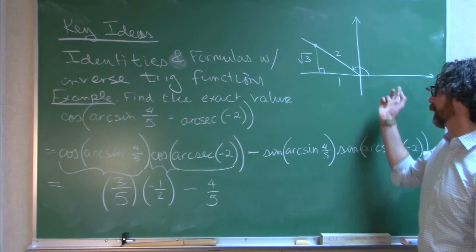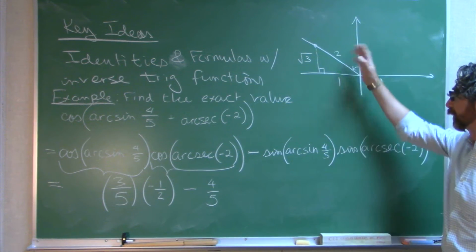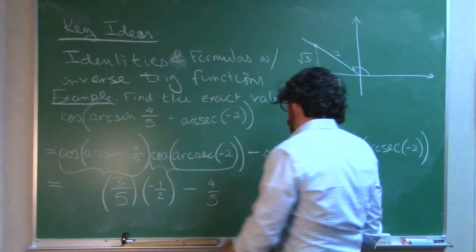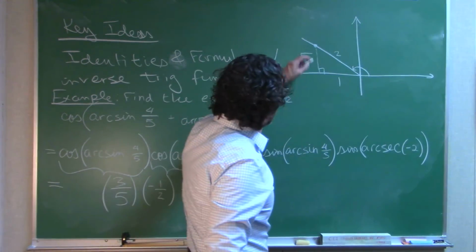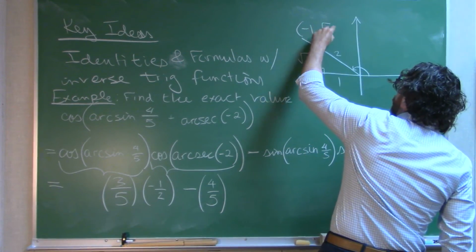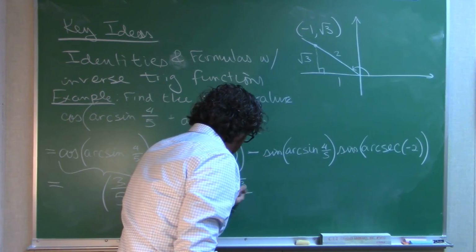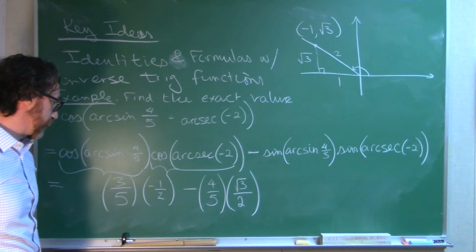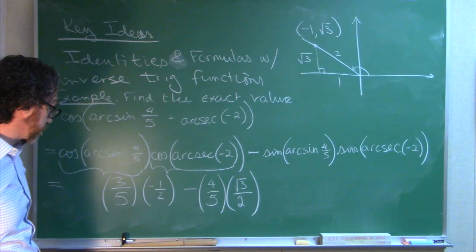So if my secant is negative, arc secant is going to give me something over here in the second quadrant, and the sine would be positive in that quadrant. And since I used my Pythagorean theorem there, this point has coordinates -1, radical 3. So my sine is radical 3/2.